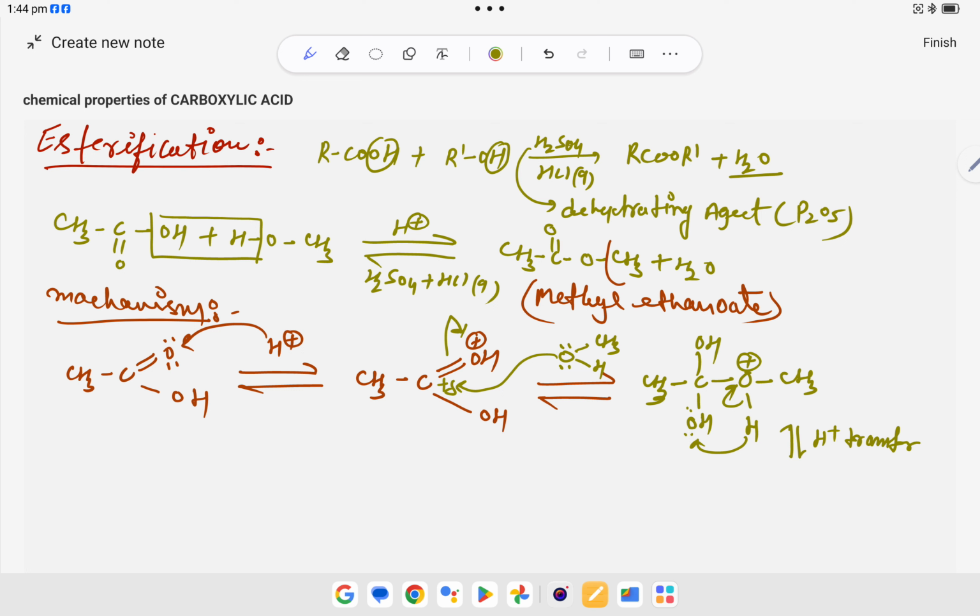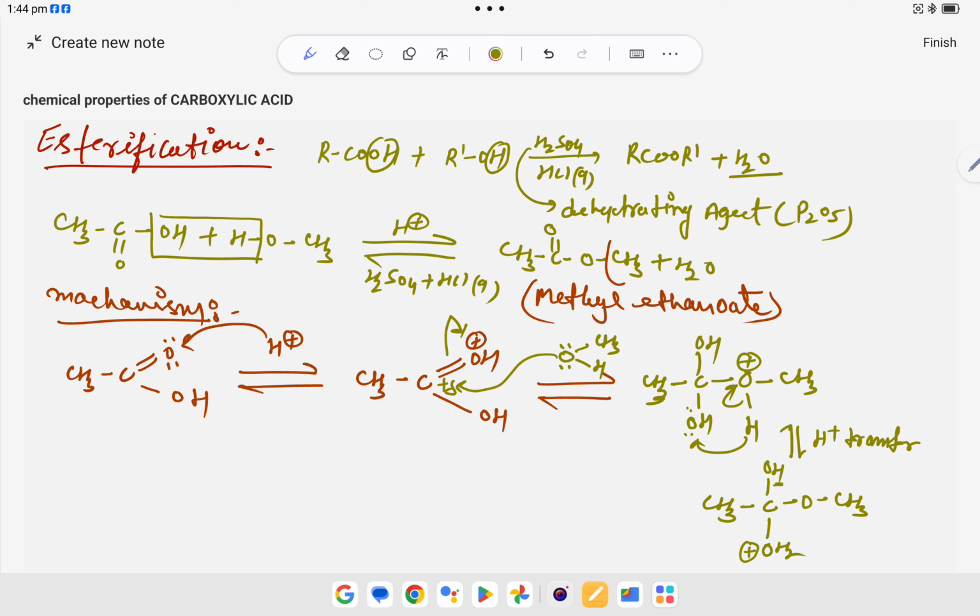In that case we are getting CH3 C OH, and it is now OH2, and here OCH3. Check it children, we are almost very close to the product. We have to remove H and this water. So very easily you can remove it.